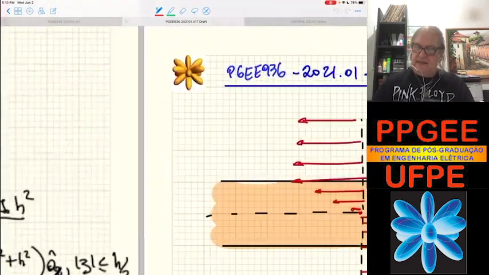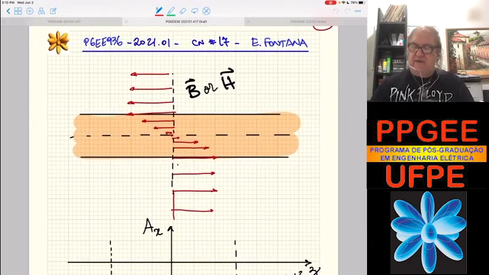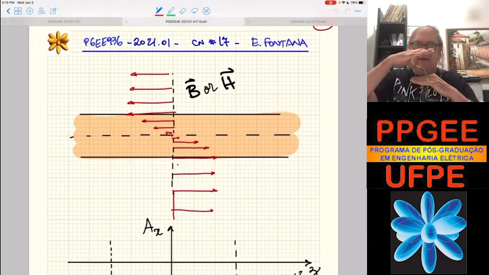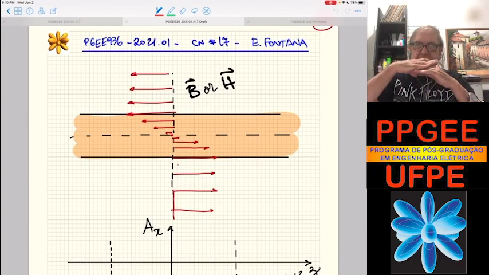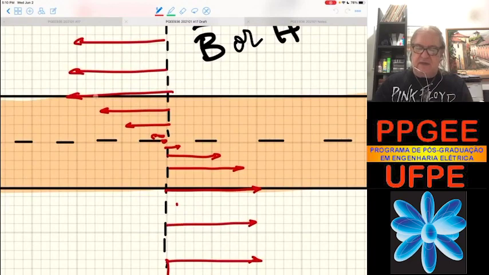So that's the behavior of the field, a continuous transition, for an infinite plane. What you have to do is shrink this region so that it becomes a plane. Then you are going to have a sudden discontinuity. But with a finite thickness it's not really a discontinuity; it's a continuous transition from one to the other.